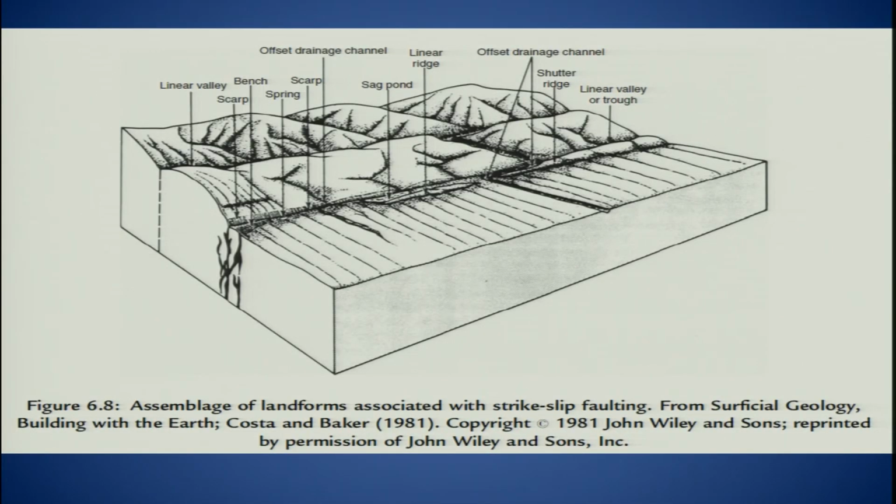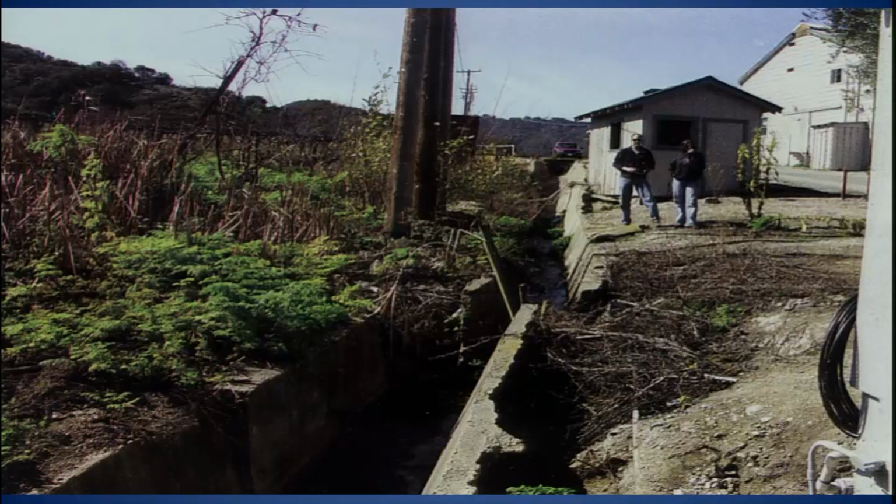This part we have already covered, so I'll just move on, but you can refresh this, keeping in mind that we will be looking at the sag ponds, then formation of the linear valleys. And if you have the oblique slip, then you will have scarp formation, and we will also see the pressure ridges or shutter ridges here, and the most prominent one will be the offset of drainage.